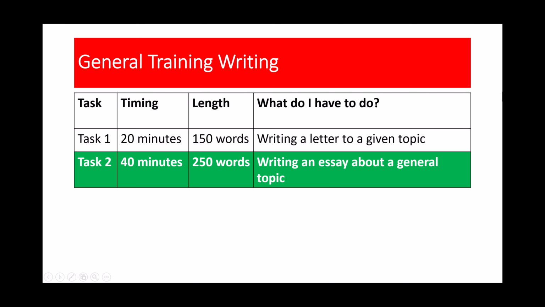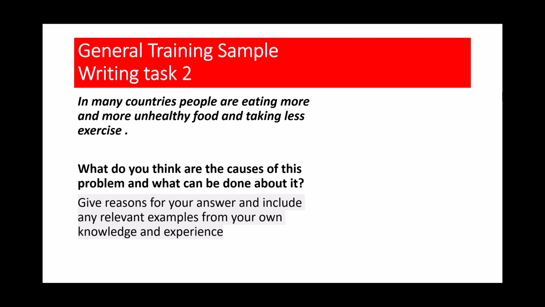So in general training writing task 2, the topics are more about general topics, not academic topics. Again, 40 minutes and 250 words should be written about the topic. Let's have a look at this one. Pause the video and study.